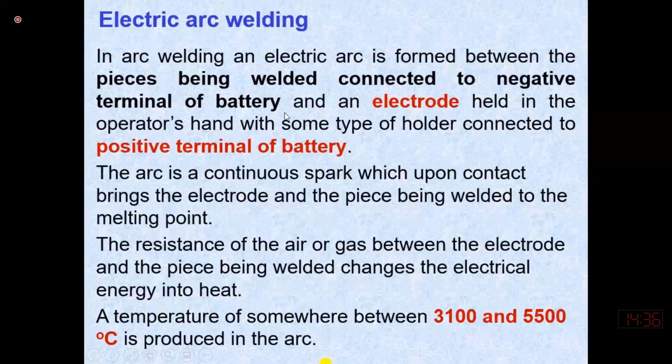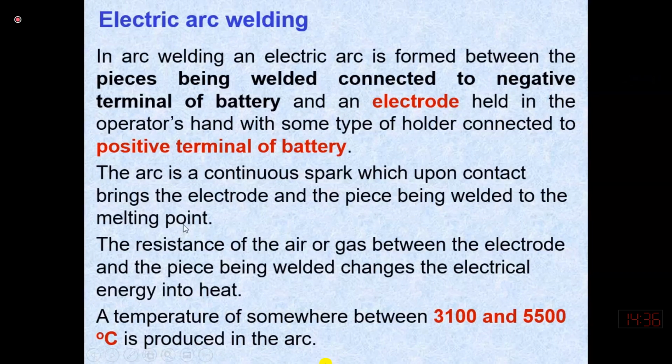And due to very high resistance in the air, a lot of temperature is generated. This temperature helps to deposit the molten electrode or the molten steel to join the connecting members. The arc is a continuous spark which upon contact brings the electrode and the piece being welded to melting point.